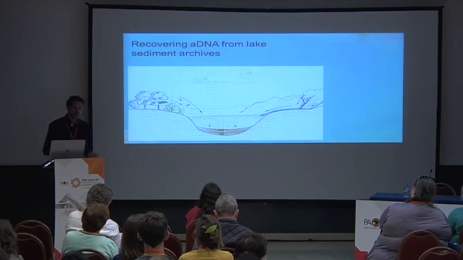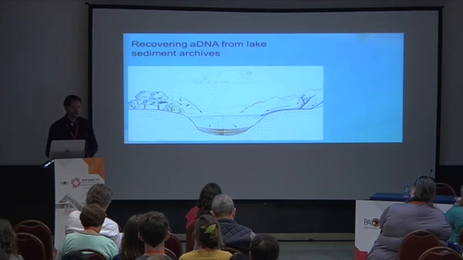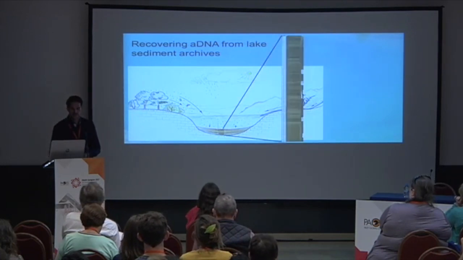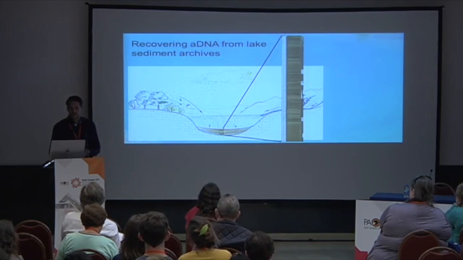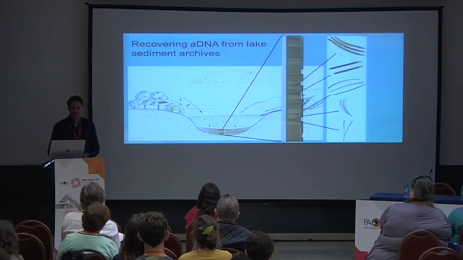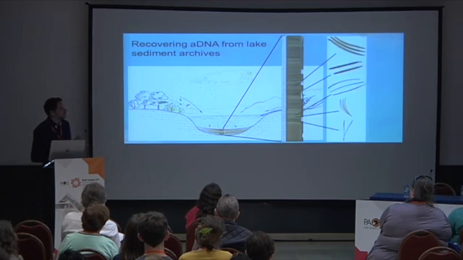And so how are we going to do that? We'd like to, of course, use again lake sediment archives, because we know they're a great archive. Here we also have a population inference from pollen and macrofossil data, and then we would like to target specifically macrofossils of those 5 tree species that I've mentioned before.